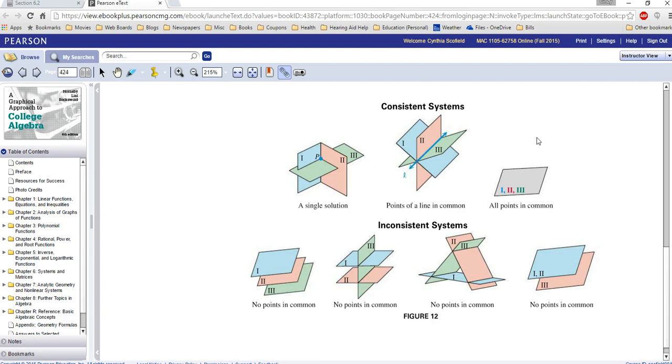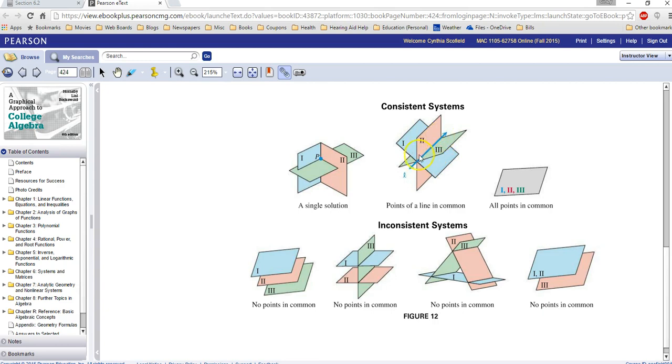You've got different possibilities. So when we solve, we're either going to find a specific ordered triple, which is like the one here where you've got the point, or you might have a situation where you've got infinite points.